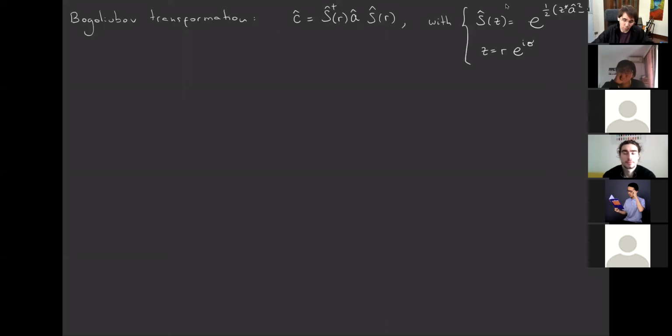And a Bogoliubov transformation for a single mode, that's actually equivalent. So it's the same as a squeezing transformation. So let me just write it down. So this is for a single mode.